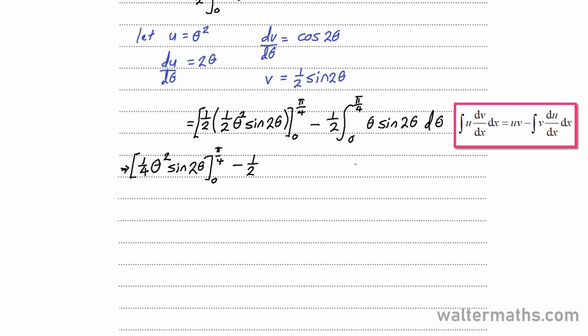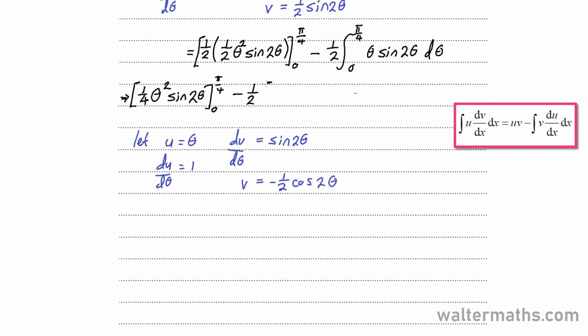So I'll say again, let u be equal to theta, and dv by d theta be equal to sine of 2 theta. So du by d theta should give us 1, and v, integrating sine 2 theta, we get minus a half of cos 2 theta. Okay, so let's put that in a bracket.